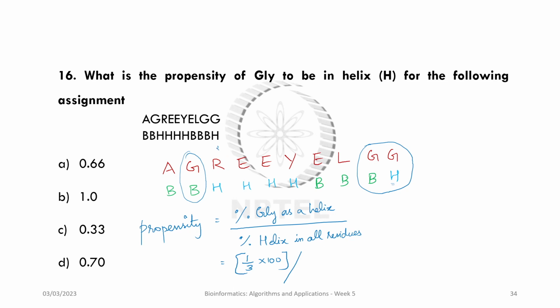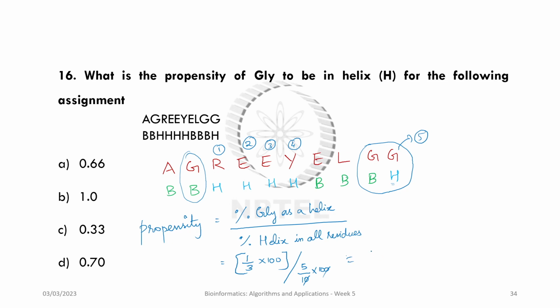How many do you have? 1, 2, 3, 4, and 5. So I have 5 by 10 into 100, right?